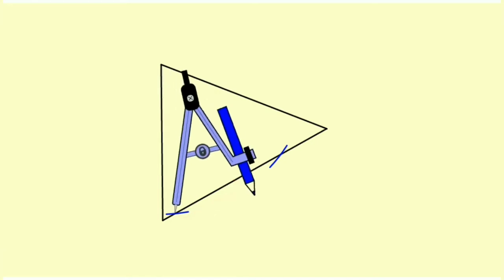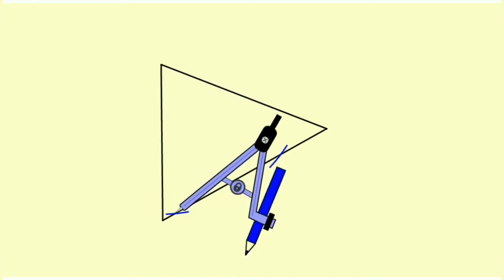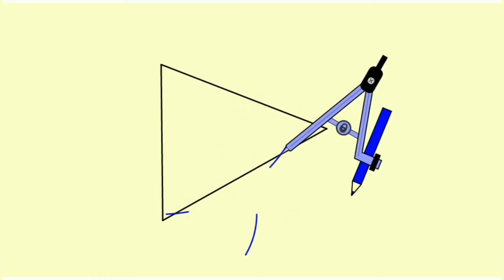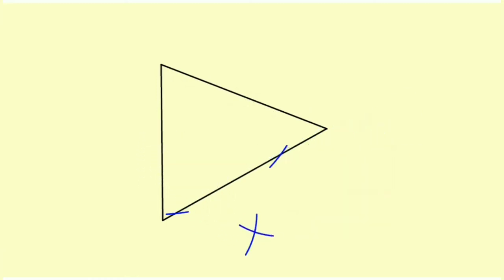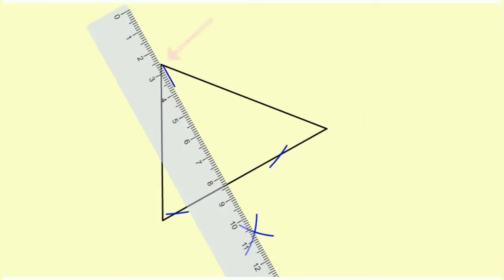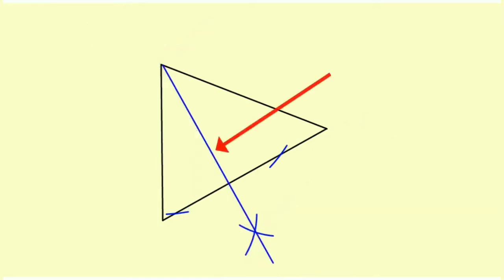So with that in mind, I'm going to draw an arc from one side, then I'm going to draw an arc from the other side. I'm going to take my ruler and connect that vertex with that point of intersection. And this line is perpendicular to that side. Now we'll do the other two altitudes.